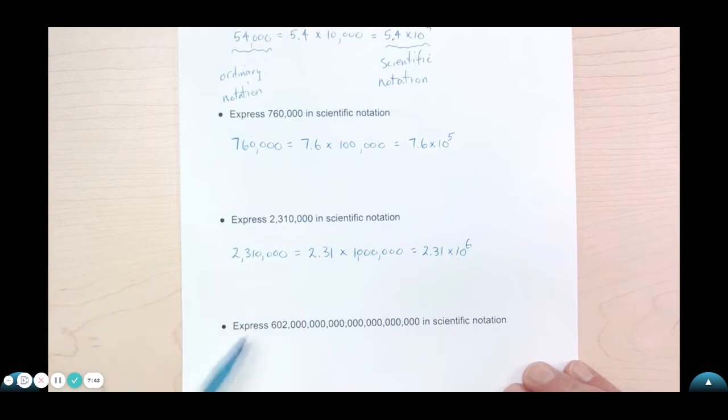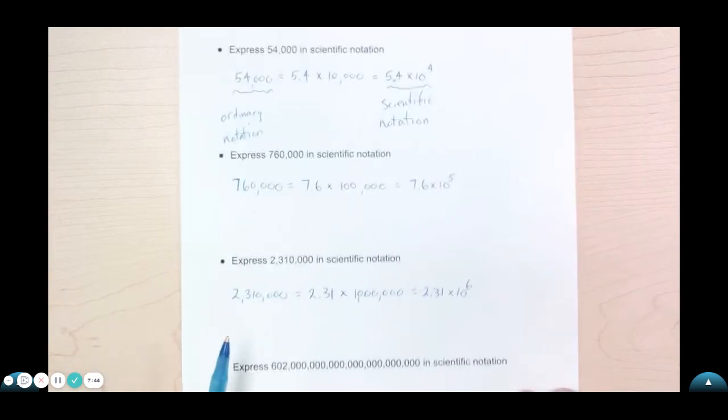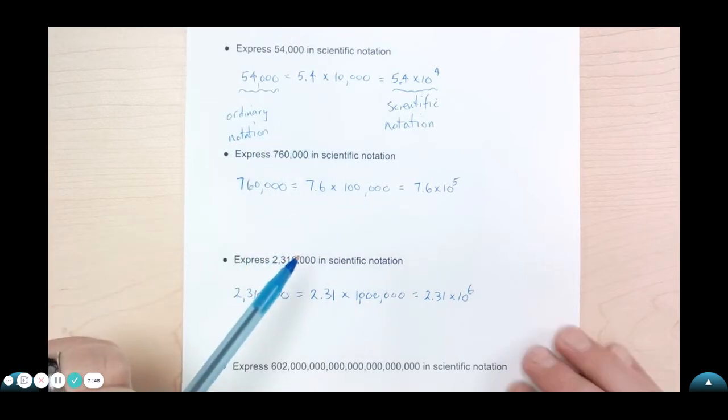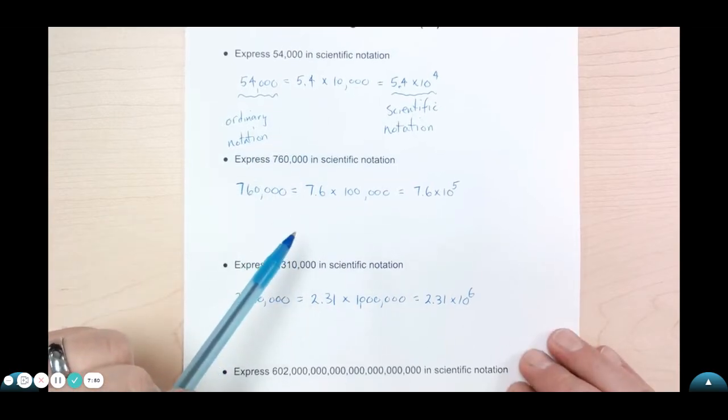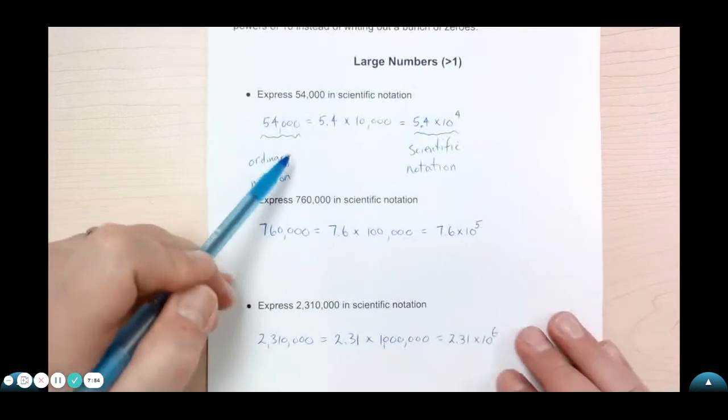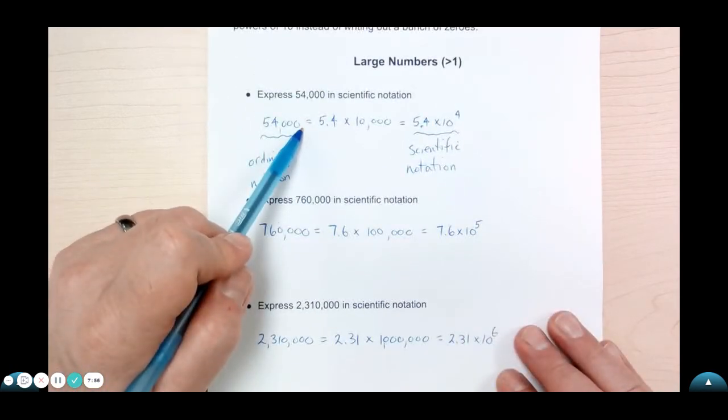Now there is a shortcut. Before I get to this last ugly one, there is a shortcut. If you don't want to think about this middle step, it's kind of a pain. Here's what you can do. Even though there's no decimal point written in this number, it's kind of assumed to be right here. Well, think about this. How many times would I have to move the decimal before I got to a number between 1 and 10?